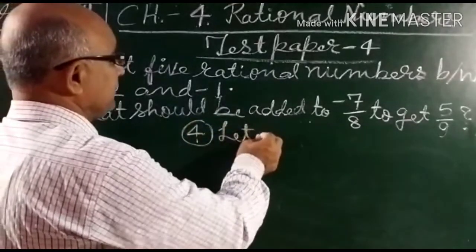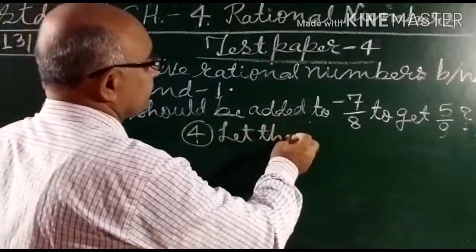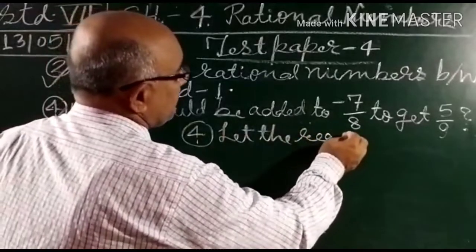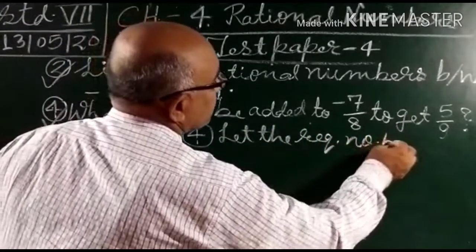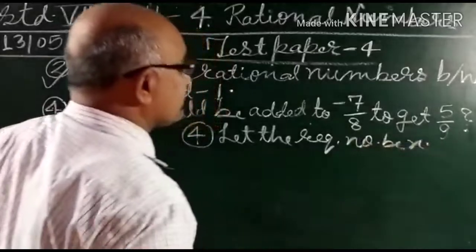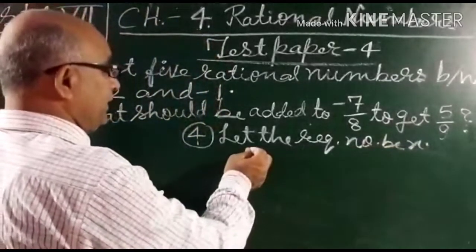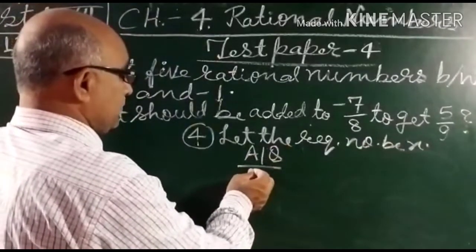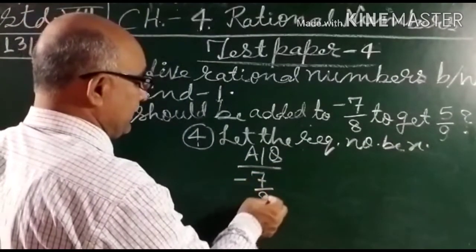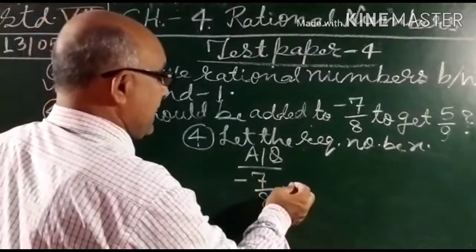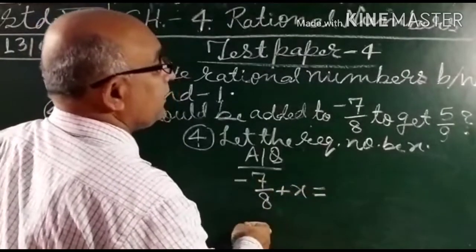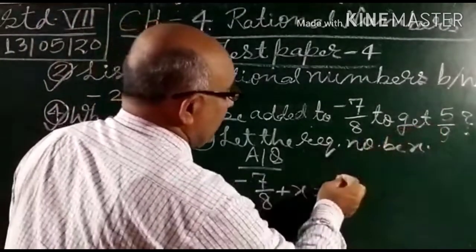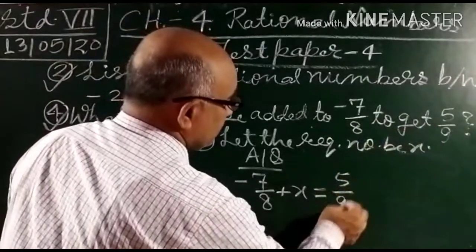Let the required number be x. According to the question, -7 by 8 plus x equals 5 by 9.